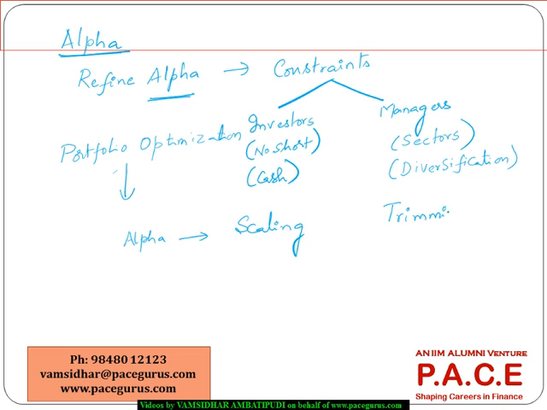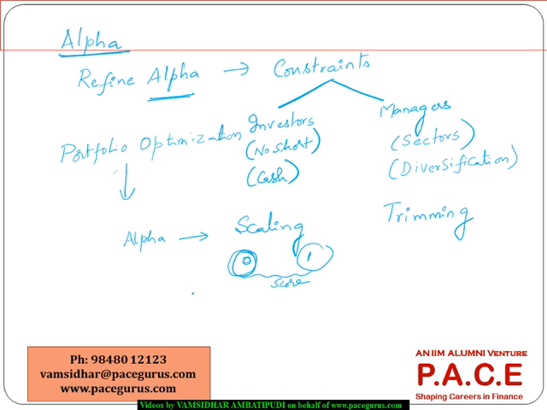As a part of the scaling, what we do is we compute the alpha by multiplying this with a factor. That is what we call a score. It's not 0 and 1, it's like a normalized value. We talk about a mean of 0 and a standard deviation of 1.